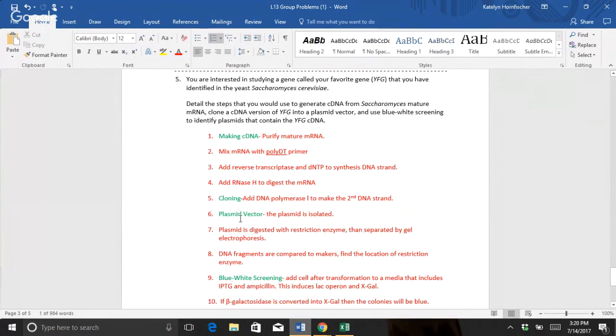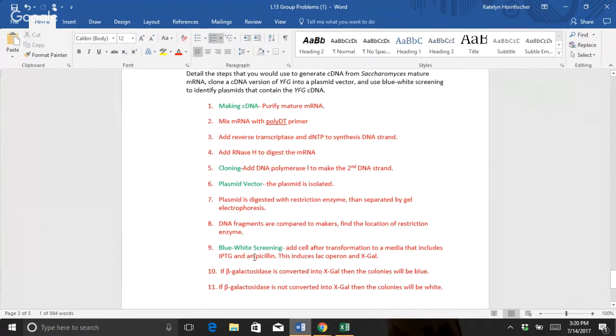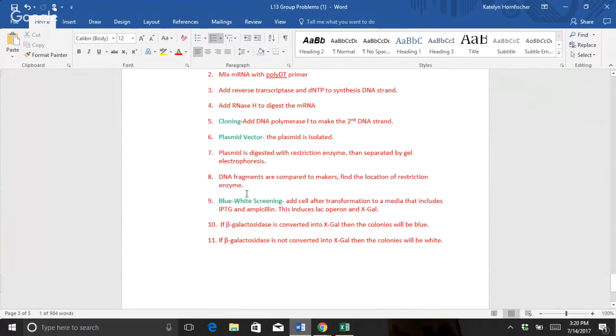Then you make the plasmid vector, which is the plasmid is isolated, and then the plasmid is digested with a restriction enzyme, then separated by gel electrophoresis. And then the DNA fragments that you'll see are markers, so that way you can find the location of the restriction enzyme. And then you need to do blue-white screening, which is you add the cells after transformation to a media that includes IPTG and ampicillin.